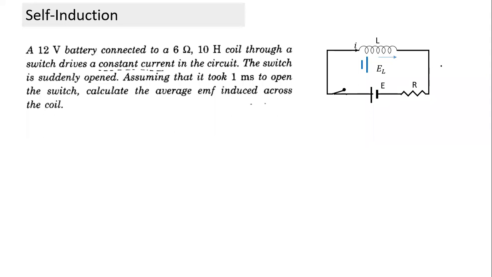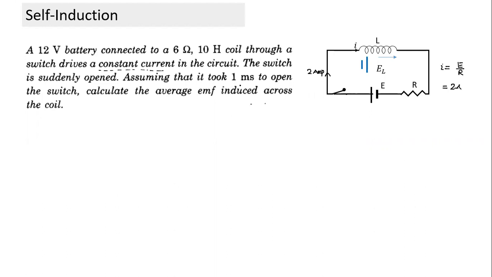I hope you recall what constant current will be equal to. Constant current will be equal to E by R, the EMF of the battery divided by the resistance. This is the constant current which is flowing. So this will be equal to 2 amperes. So this current of 2 amperes is flowing at a particular instant of time. The switch is suddenly opened. When we talk about sudden, it depends on how quick you are.